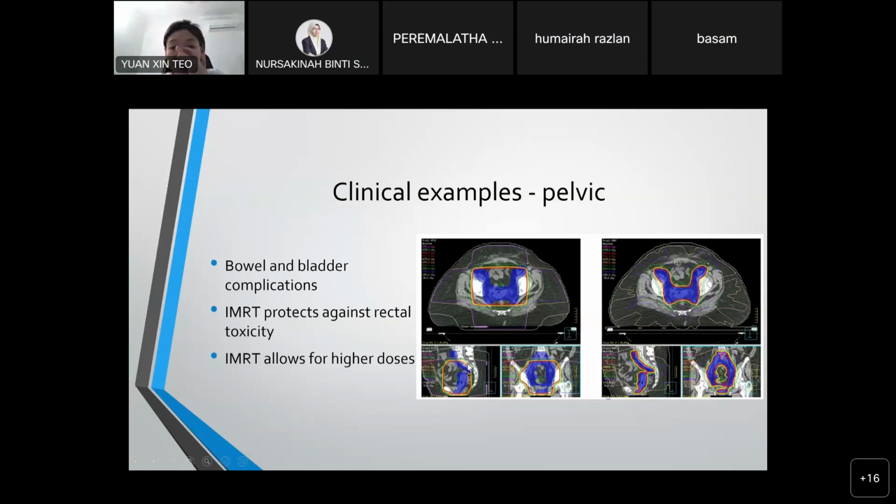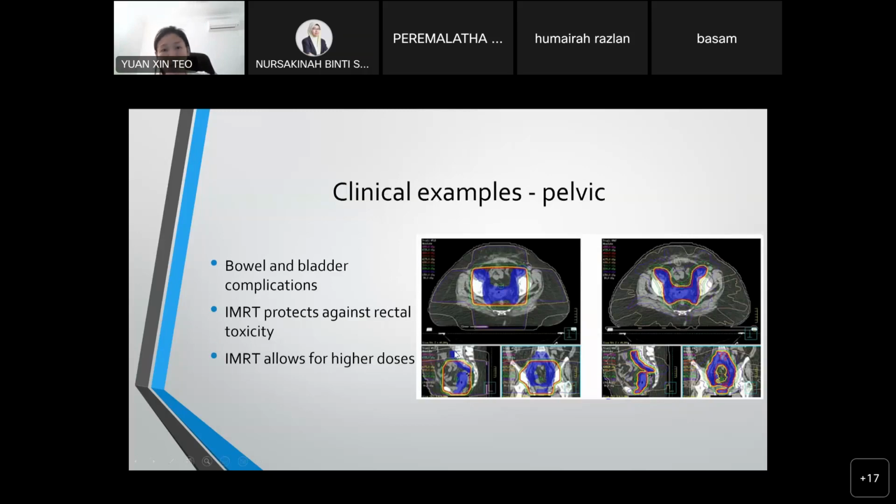By using 3D, we can only use a box view, where all this bowel, meaning all the intestine inside, will receive 100% dose. So the patient may develop diarrhea, and there will be complications on their bowel and also their bladder.